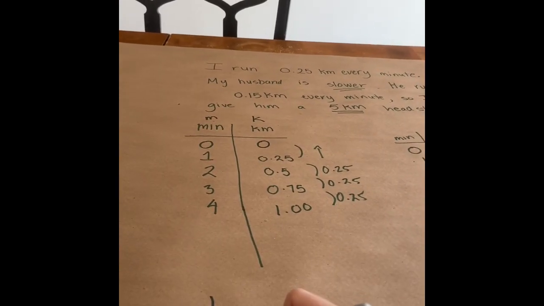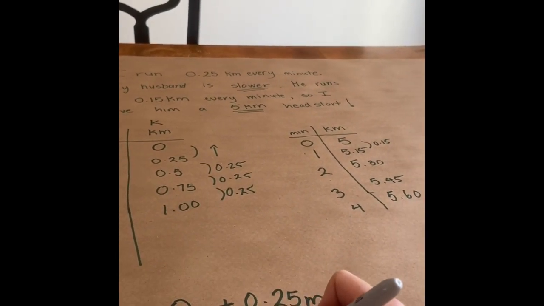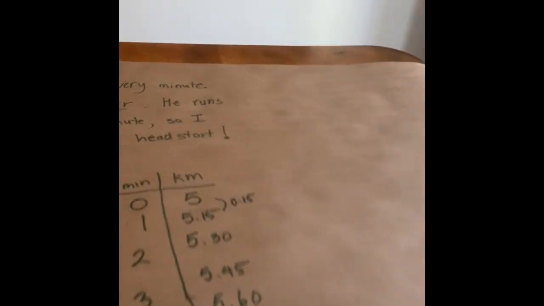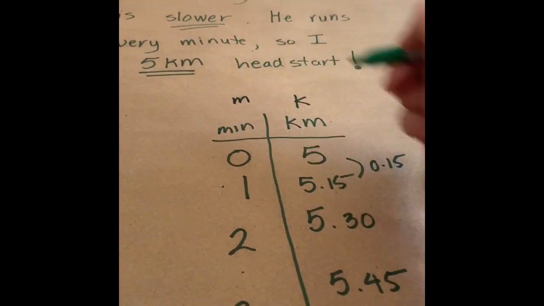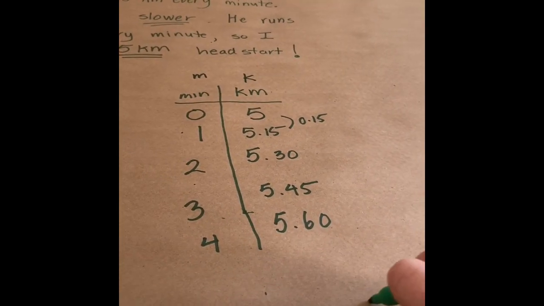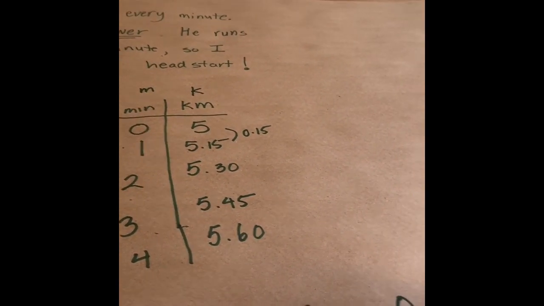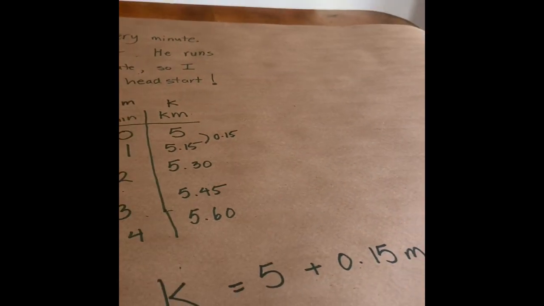You can just write kilometers is equal to 0.25 every minute. For Mr. Thungraj, I have K and M. His kilometers start at 5 and they go up 0.15 every minute.